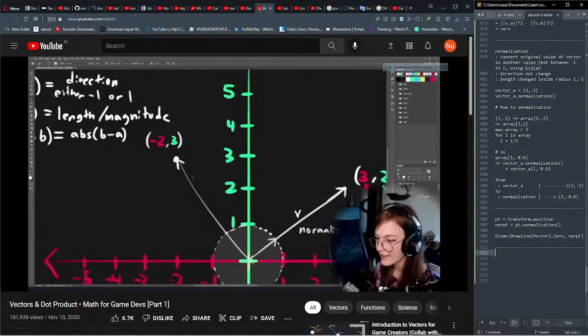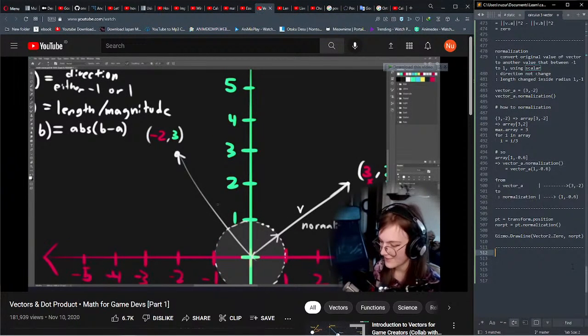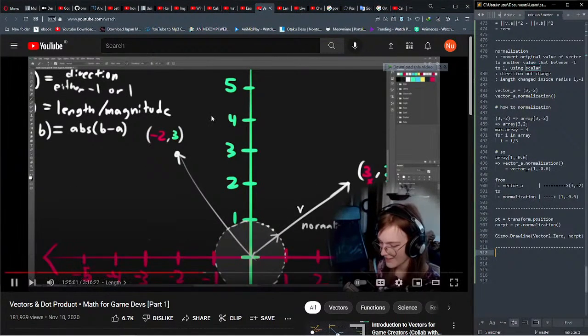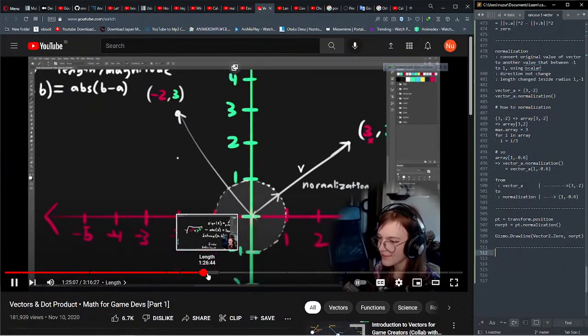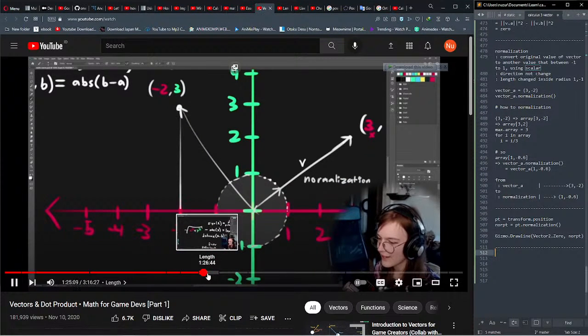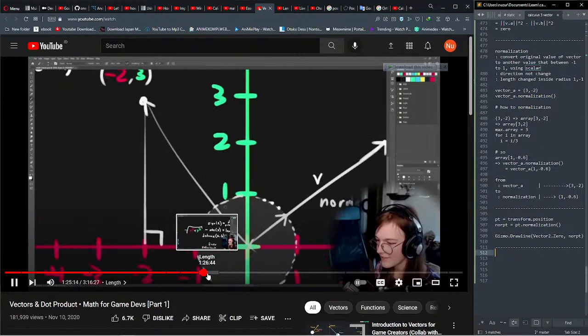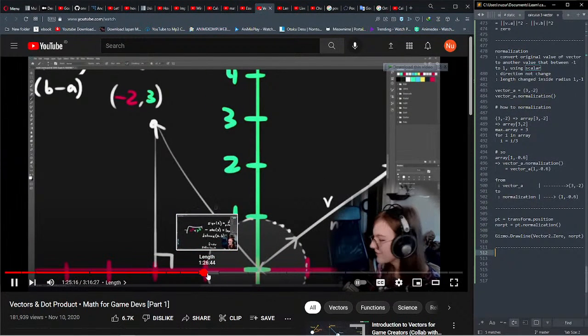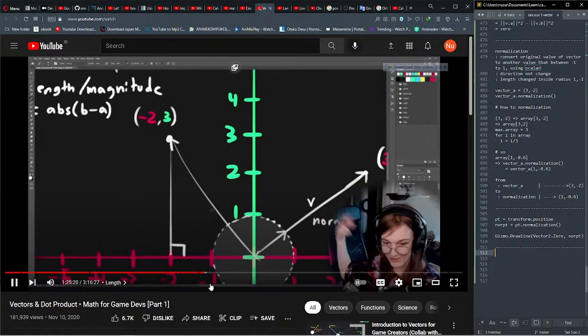So this is our vector, and now I want to know the length of it. How do we do that? This gets into the Pythagorean theorem. If you want the length of this, you can imagine a right angle triangle here, which is taught in math class. If you remember how to get the length of the hypotenuse, then you know how to get the length of a vector.